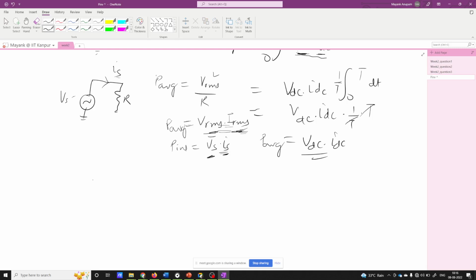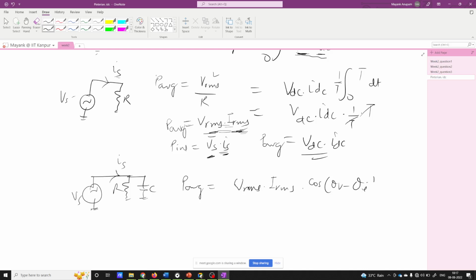Okay. So now suppose you have a voltage source, and there is a resistor here, and there is a capacitor here. Now the current here is, suppose, Is. Now when you find the average power in this case, this becomes Vrms times Irms times cos of theta v minus theta i, isn't it?